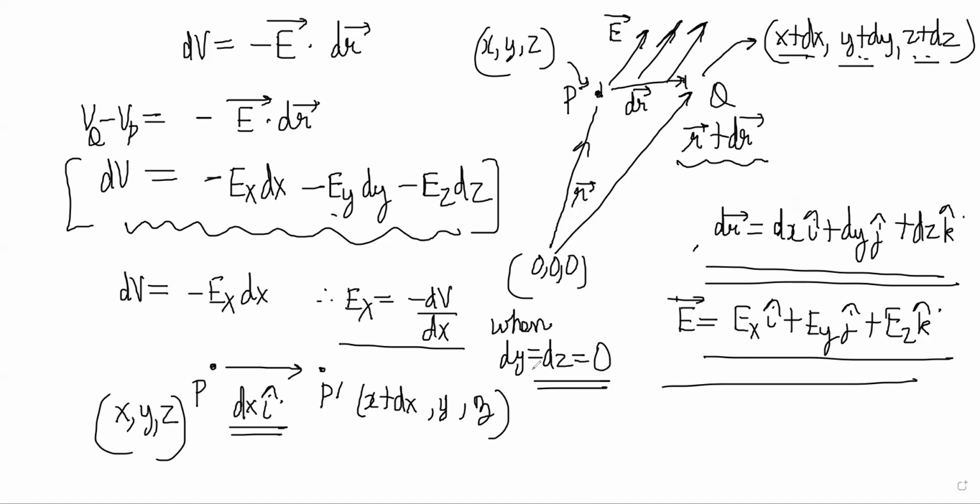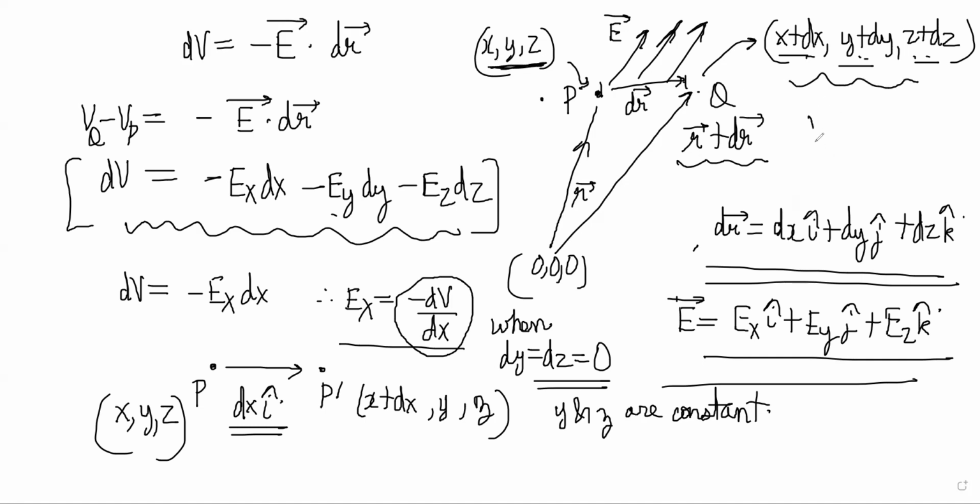Dy and dz being zero means y and z are constant. So if y and z are kept constant and I differentiate V with respect to x, that is known as a partial derivative of V with respect to x. In general, potential at different points will depend on all three coordinates, so potential could be a function of three variables x, y, z.